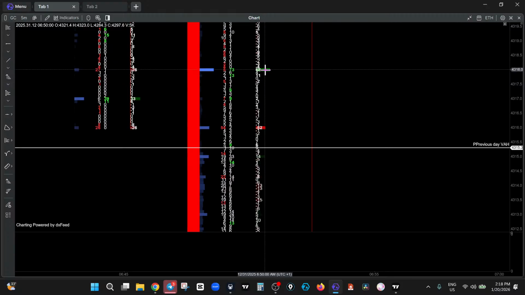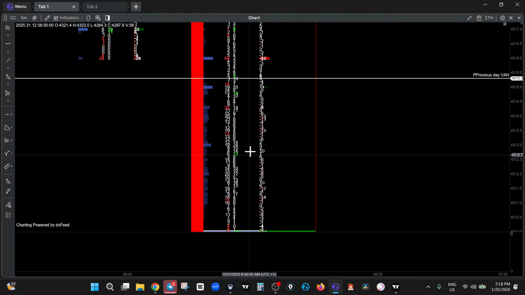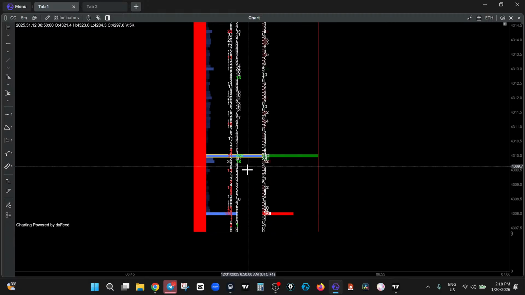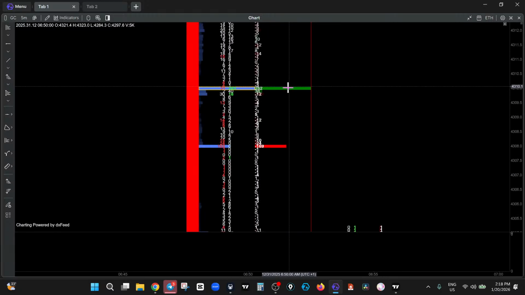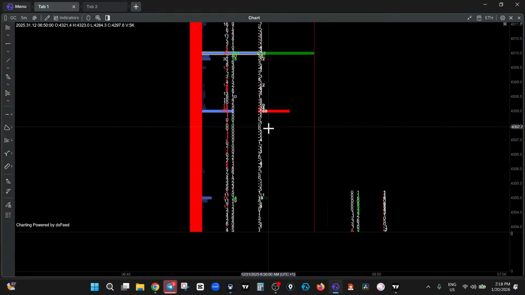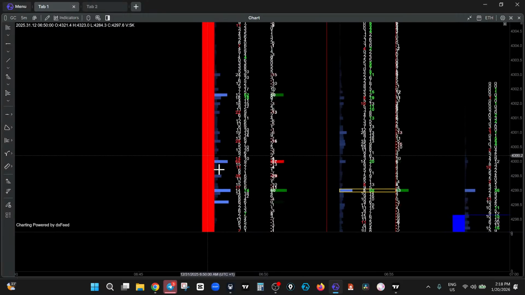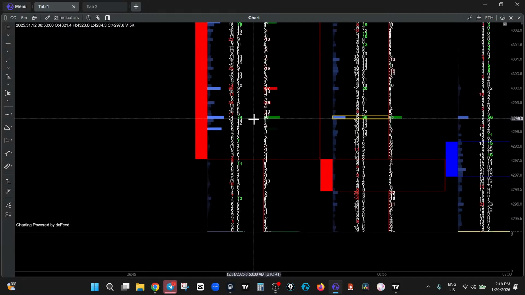Some people tried to buy, and they were cooked. The sellers were in control. This is the highest level. More buyers coming, nothing. Sellers are taking over. At this bottom here, you can see that the volumes are becoming much more. People are coming in.